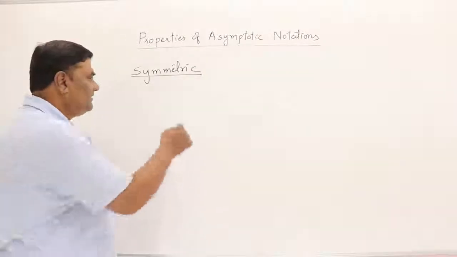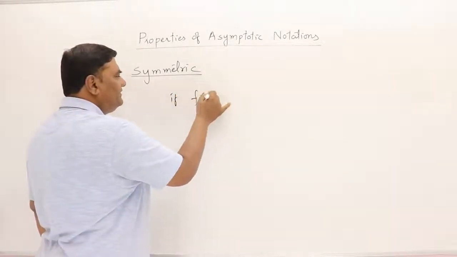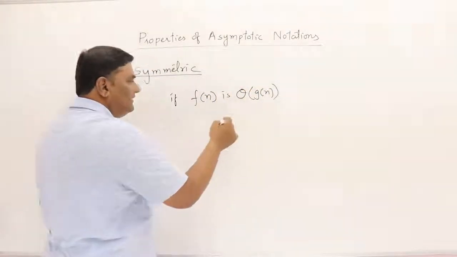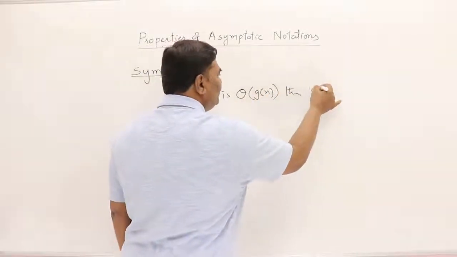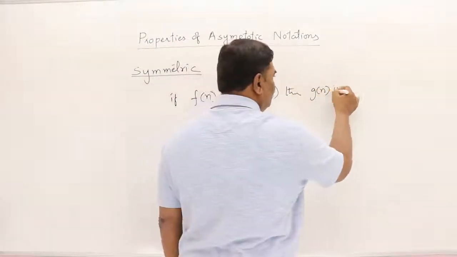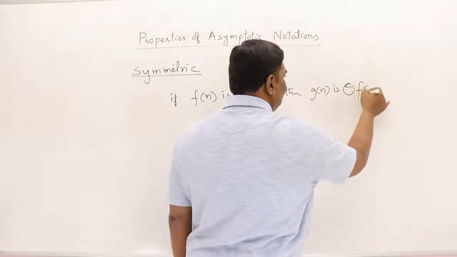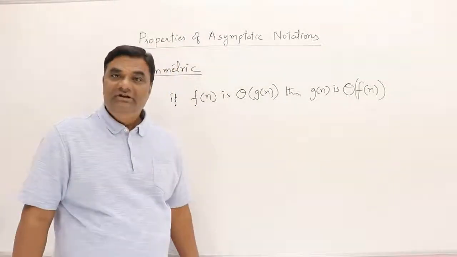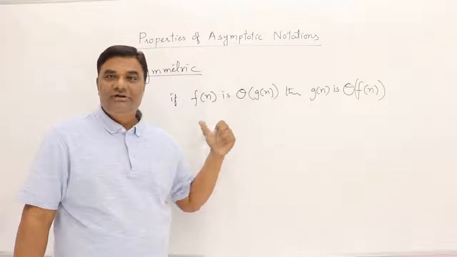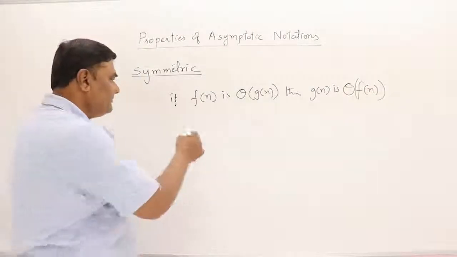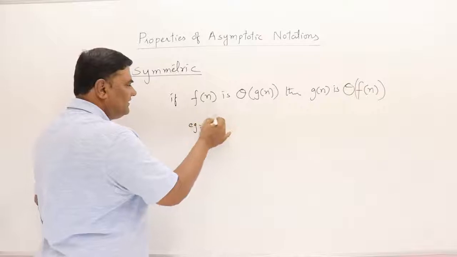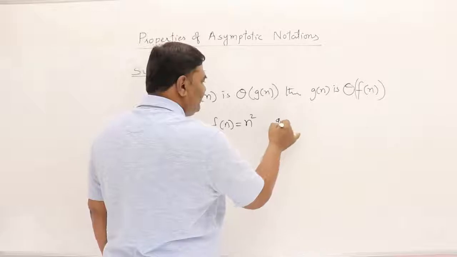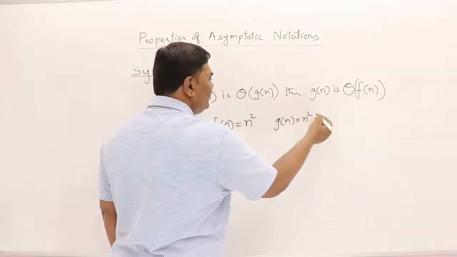Now symmetric property. If f of n is theta of g of n, then g of n is theta of f of n. Now symmetric property is true only for theta notation. Example, f of n is n square and g of n is also n square.